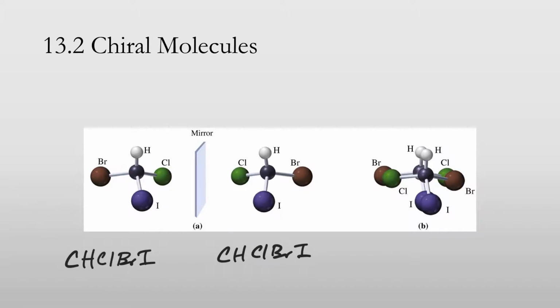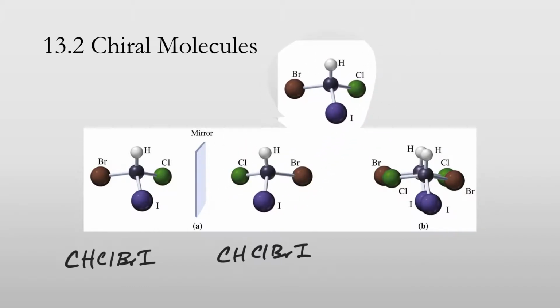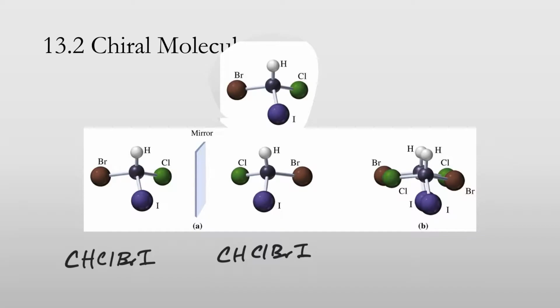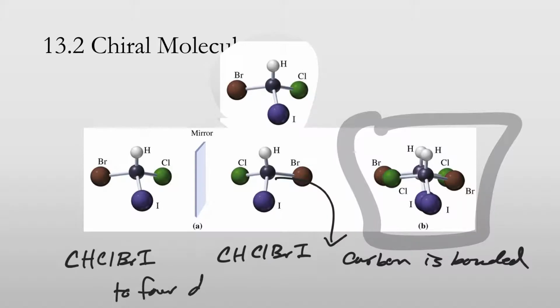But if I was to take the molecule on the left and try to superimpose it over the molecule on the right, you can see that they're not the same, and it's also obviously seen over here, but they're not the same. So because that carbon is bonded to 4 different groups, it is chiral.